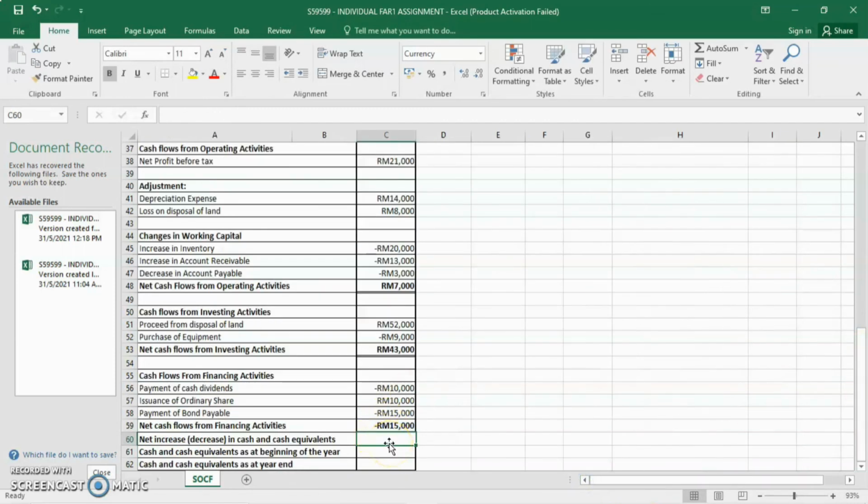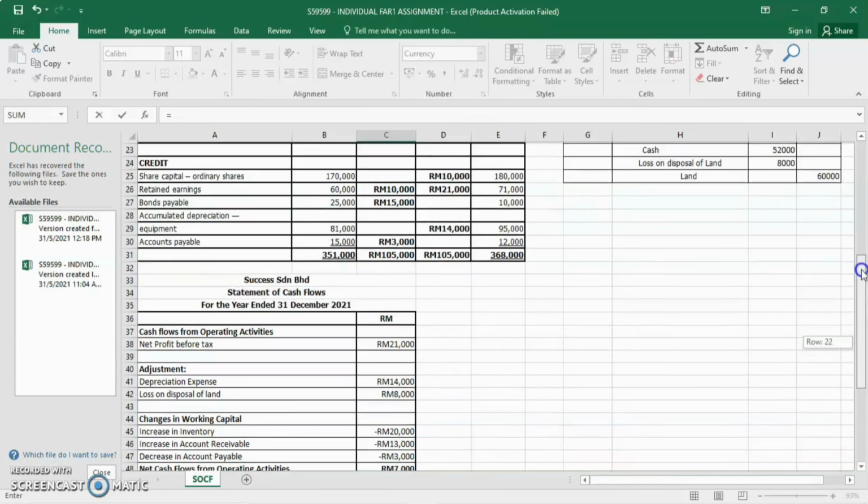To get net decrease in cash and cash equivalent, we must plus net cash flow from operating activity plus net cash flow from investing activity plus net cash flow from financing activity. And cash and cash equivalent as at the beginning of year from this.